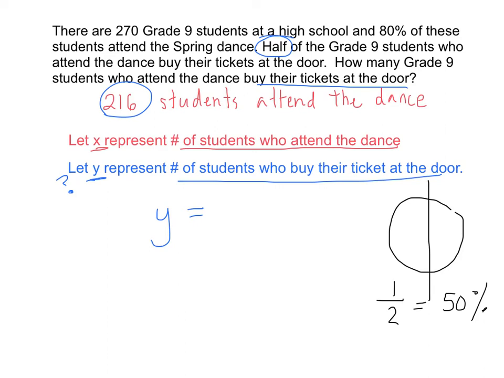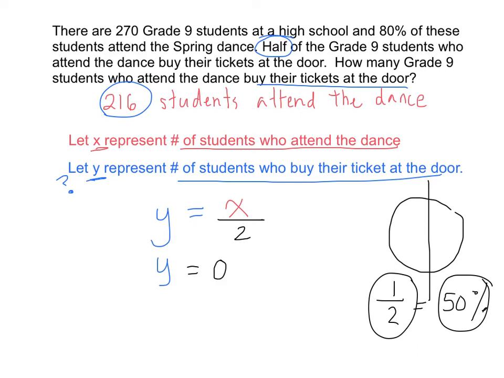How can we use these values and put them into our equation? Well, to calculate the number of students who buy their ticket at the door, we would take the total number of students who attend the dance, which we've represented by x, and we would divide it by 2. Or we could take 50% and write it as a decimal, which would be 0.50, and multiply it by the number of students who attend the dance.